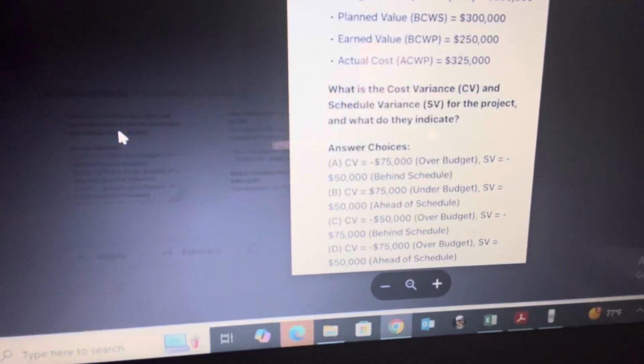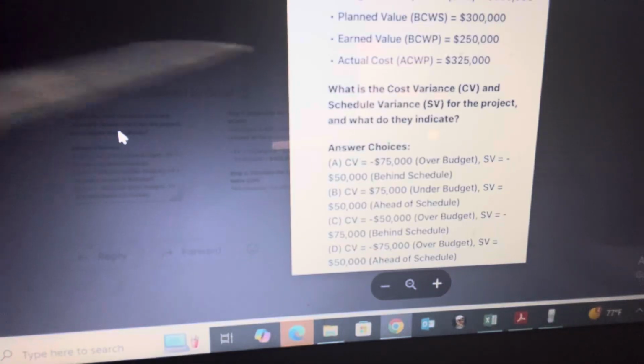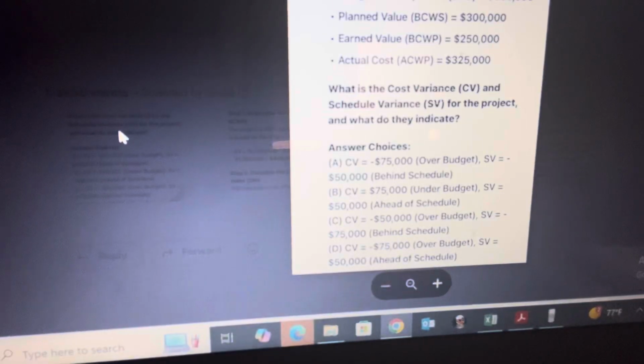So the cost variance is negative 75 and the schedule variance is negative 50. And what does that mean? We are over budget, yes, true. And we are behind the schedule, yes, true. So that's the first question.